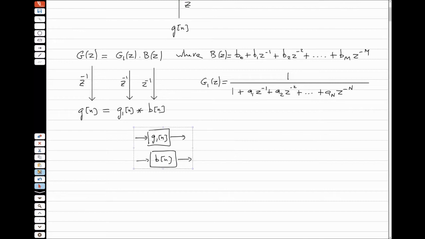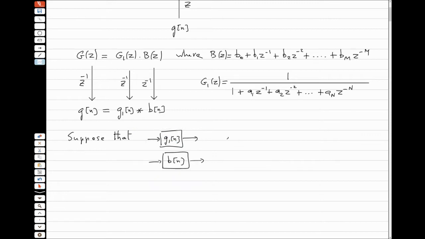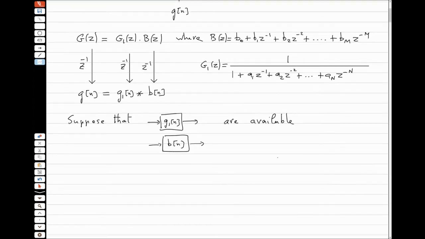So suppose that these systems are available or have been made, then how to make this one?